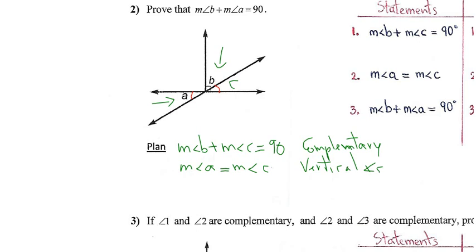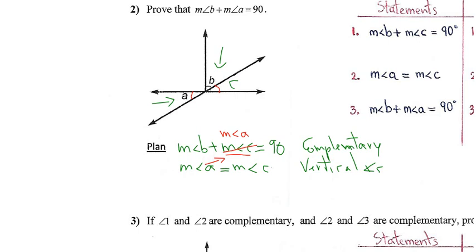And therefore, since the measure of angle B plus the measure of angle C is 90 degrees, we can conclude that the measure of angle B plus the measure of angle A is equal to 90 degrees because we can use substitution here. We can substitute the measure of angle C by what's equal to it, which is the measure of angle A. So we can write in the place of measure of angle C, measure of angle A, because we're allowed to do that with the substitution property.